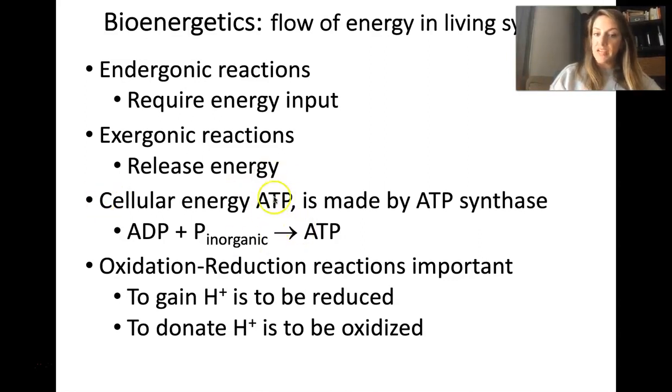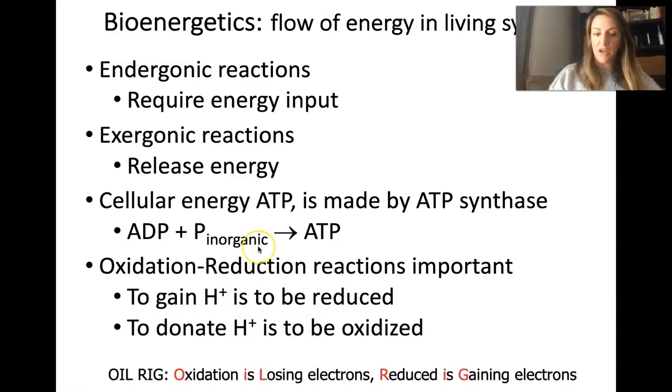And eventually producing ATP. So all along those stages of cell respiration, you have these oxidation reduction reactions, okay? We're moving around electrons. And so when we move these things around, to gain is to be reduced, to donate is to be oxidized, okay?